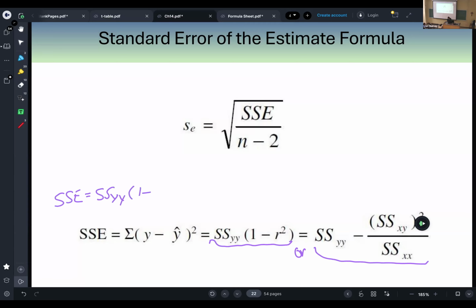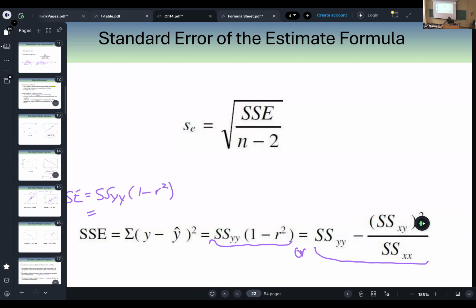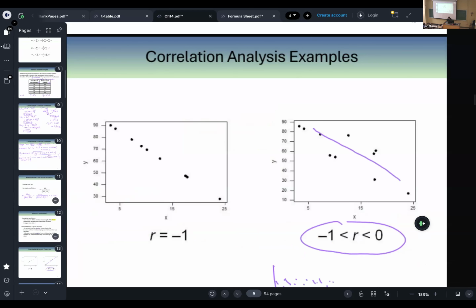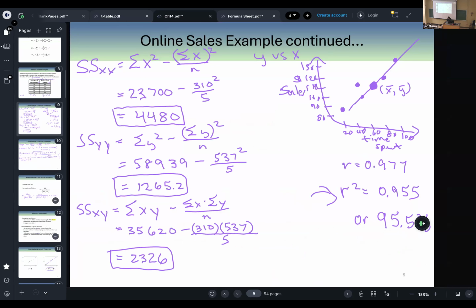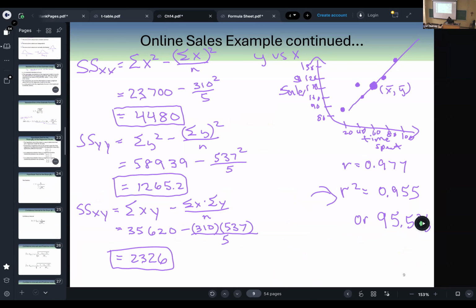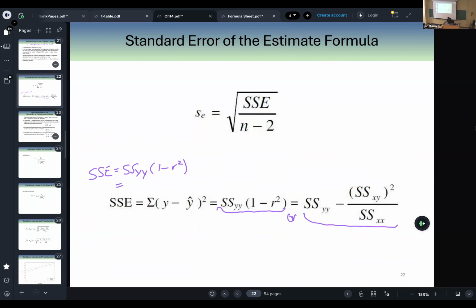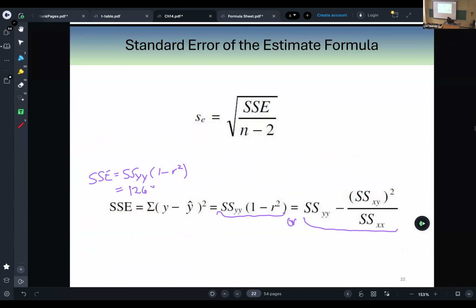And we're going to go 1 minus R squared times SSYY. So now we need to go back up to 9, right? At least to 9, let's see. So we want to get 1265.2. And our R squared came out as 0.955, right?